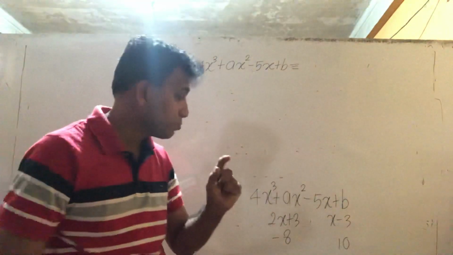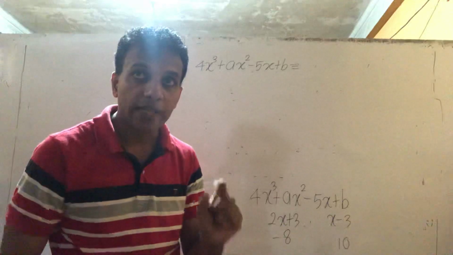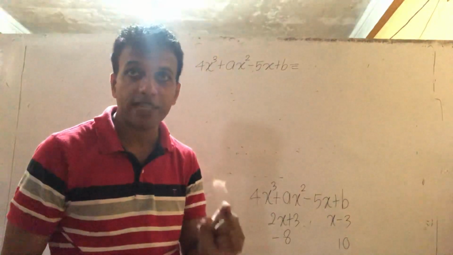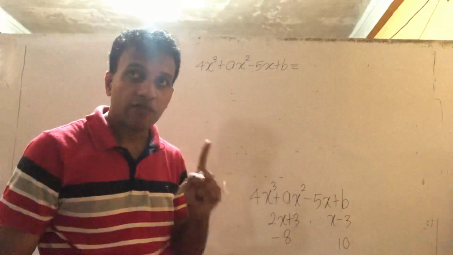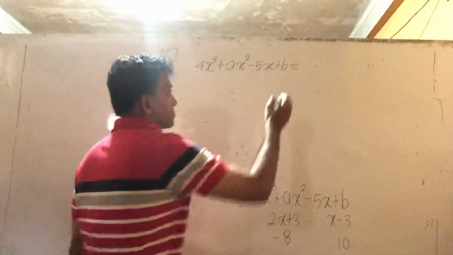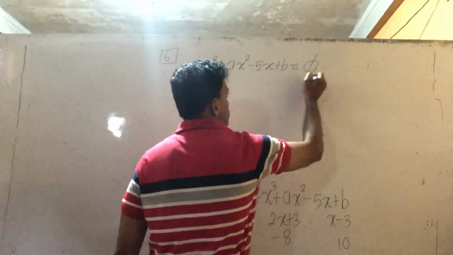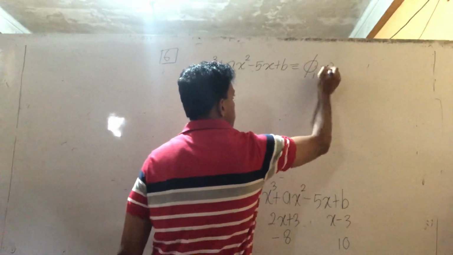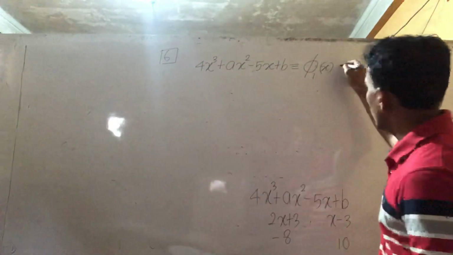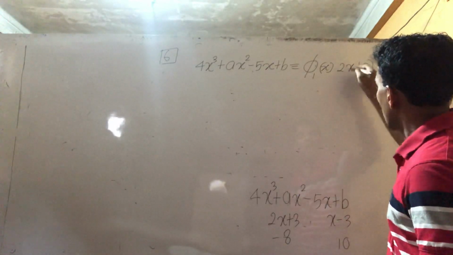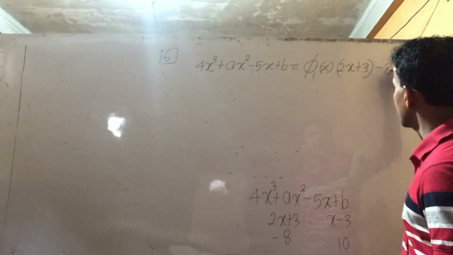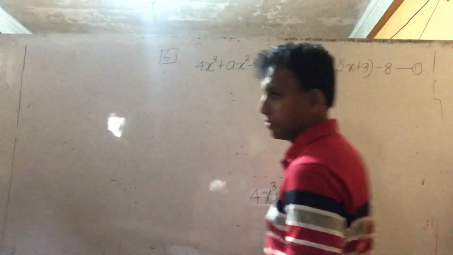When you divide by 2x plus 3, the quotient is some expression, into divisor 2x plus 3, plus the remainder. See, first equation.